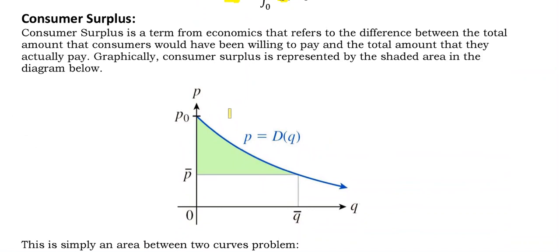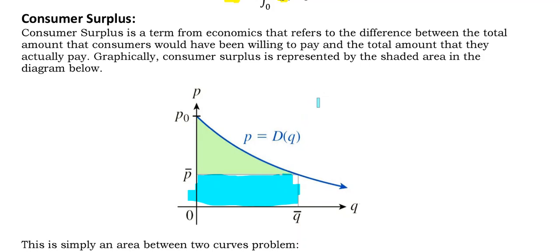Graphically, we have, so all of the area below this demand curve, all the way down to the Q axis, was the willingness to spend. This area here, which I will shade blue, this was the actual expenditure. And so the difference between those two, the green area, is consumer surplus.